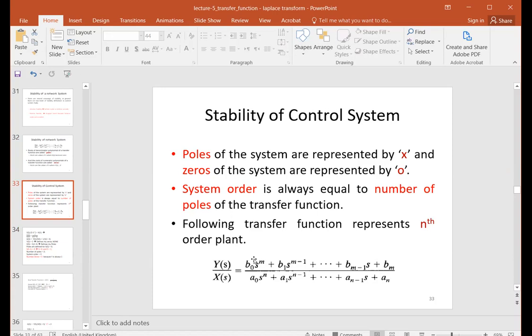This transfer function represents an nth order plant, because I have s to the n, and that's the y of s, my output.